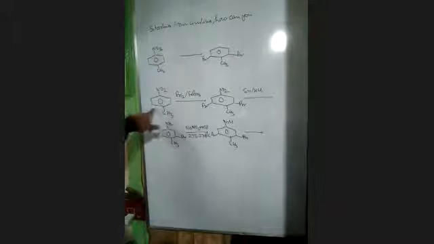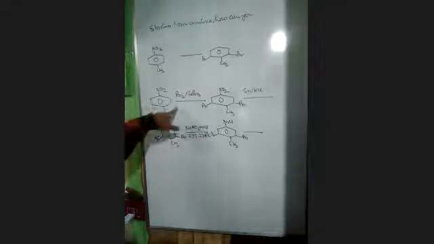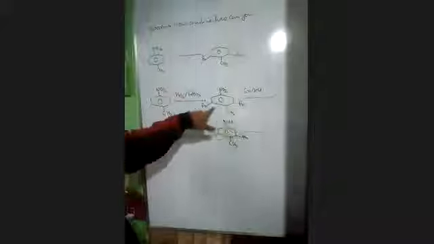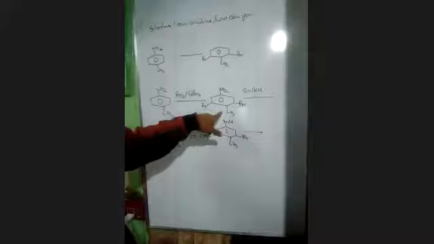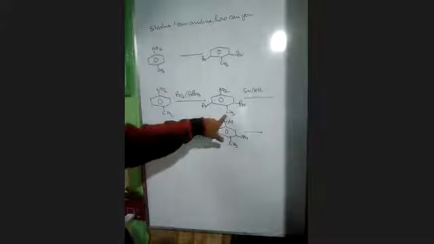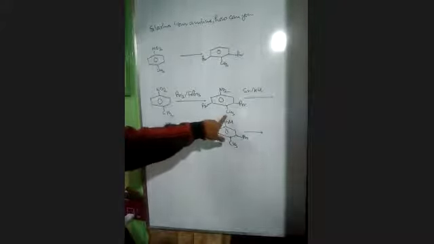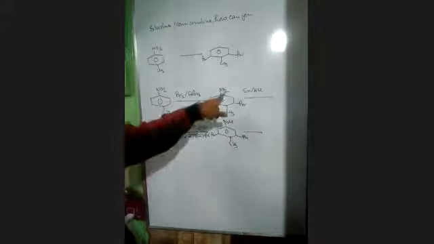See, we have taken 1-methyl-4-nitrobenzene. We have done bromination. Nitro group will direct bromination at the meta position. Okay. Then after that, yes, you are correct. But in that case, the effect of nitro is stronger than that of methyl. All right. Then after that, we have reduced nitro to amine.